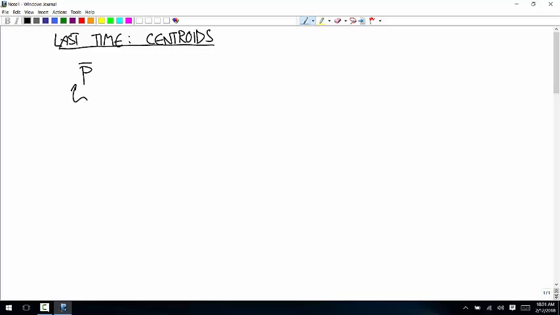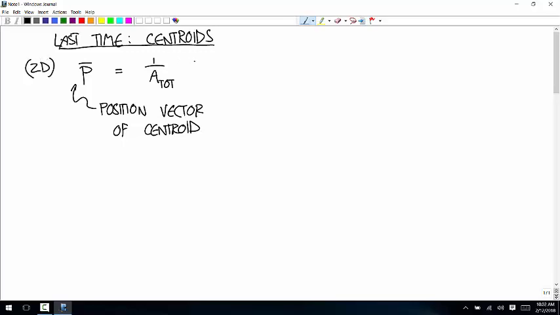So that's why I'm writing this as a P. It is 1 over the total area, this is for 2D, times the sum from 1 to n of the area of the ith piece times the position vector of the ith centroid.